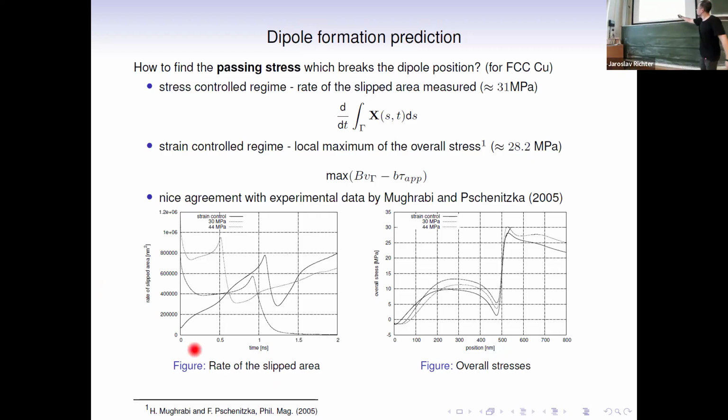So what we tried was the idea which was again proposed by these two German authors. We were doing the strain control regime, identifying the value of passing stress together with the local maximum of what they could measure throughout the channel.